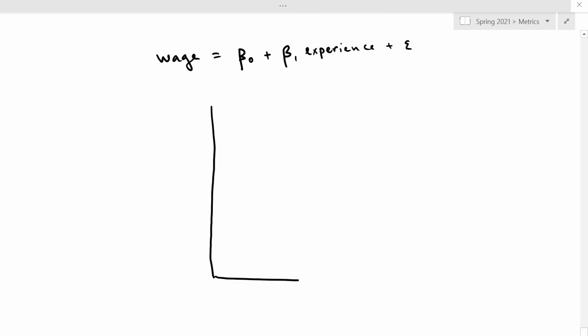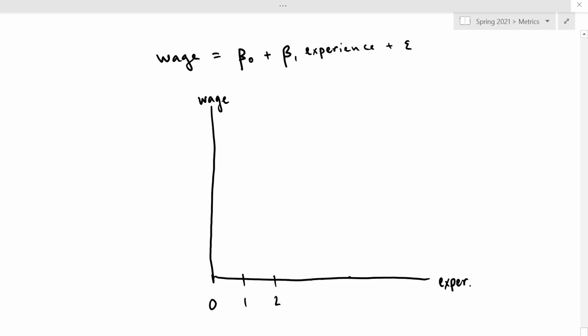So if this is the model itself and this is all we have, then we're going to have something that looks like this. I'm going to abbreviate experience, and we have wage on the y-axis. And so here we have 0 years of experience, 1, 2, on up, right?